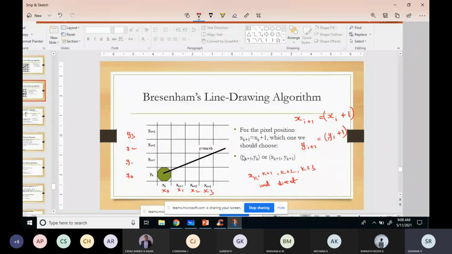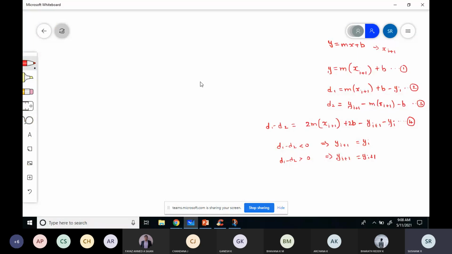Now if I take these equations into consideration, what will be my y? y will be m into xi plus 1 plus b.